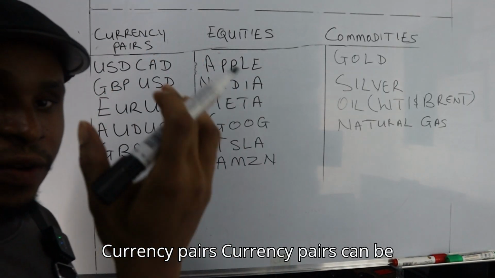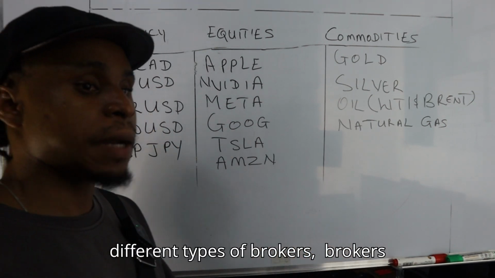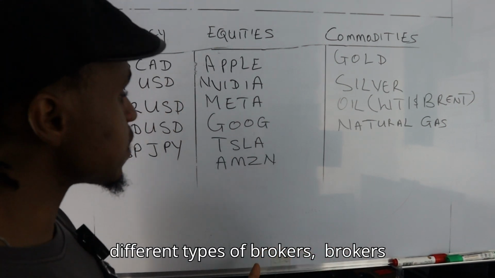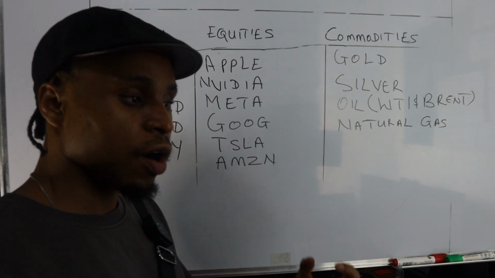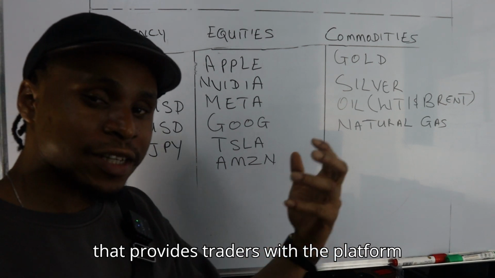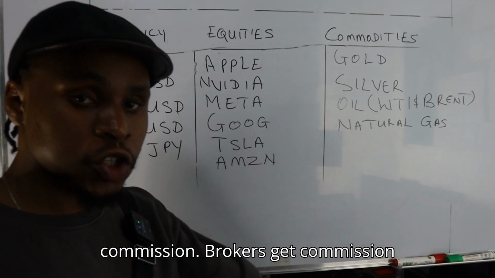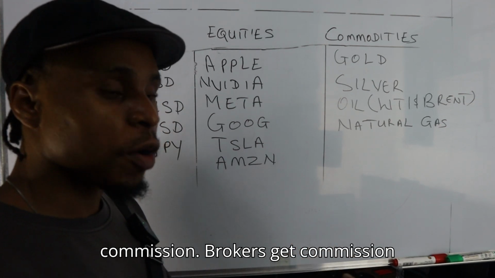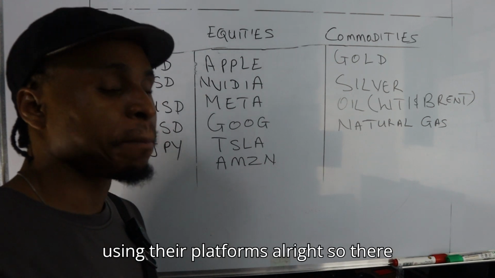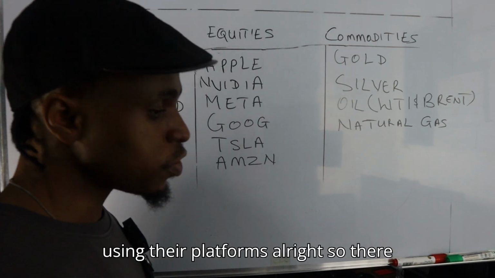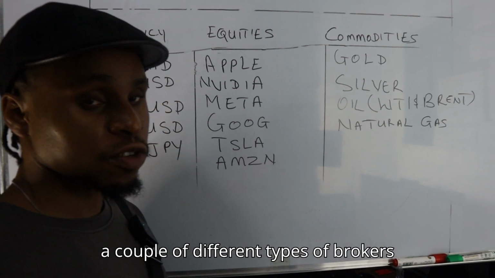Currency pairs can be traded through brokers. There are different types of brokers. Brokers are platforms that provide traders with a platform to trade on. They earn commission from customers using their platforms. I've used a couple of different types of brokers.